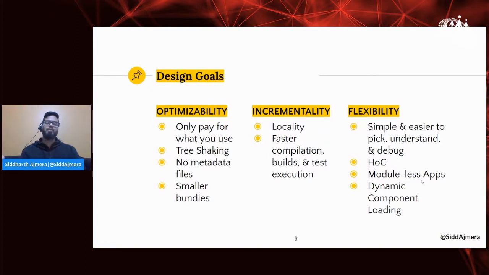It was all about optimizability, incrementality, and flexibility. Now, as we already see from the examples out there, a lot of people have also shared the things that they have noticed after they have migrated to Angular 10 or Angular 9, for instance, that their bundle size has now shrunk quite a bit, right? And so there are quite a lot of reasons for that.